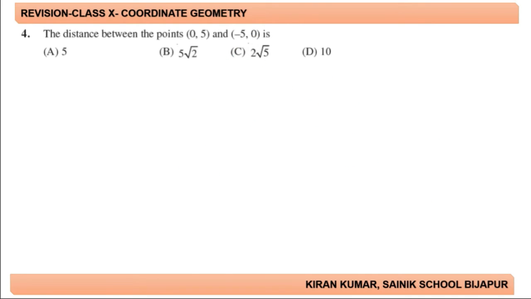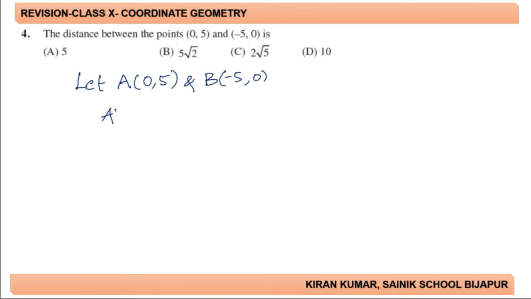Question 4. The distance between the points (0, 5) and (-5, 0) is. Again, we'll make use of the distance formula. Let me consider the points to be A (0, 5) and B (-5, 0).